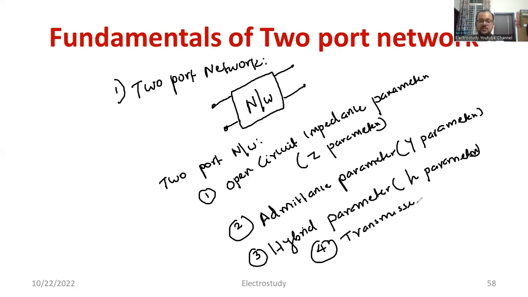Okay, transmission parameters. It is also known as ABCD parameters. So these are the different types of parameters which are related to two-port network. We should know the concept of each and every parameter. Some basic equations we should know, so we can directly apply it for competitive examination.